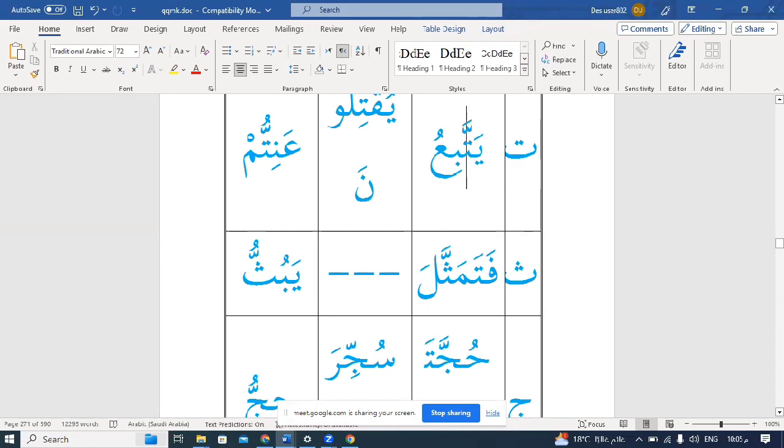So we mix or put the first ta into the second ta and say them as one letter.